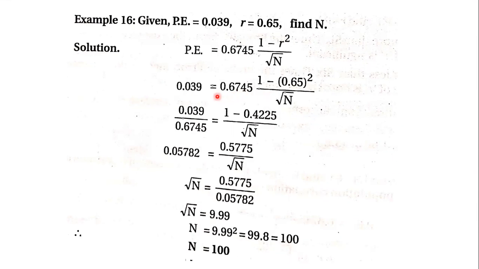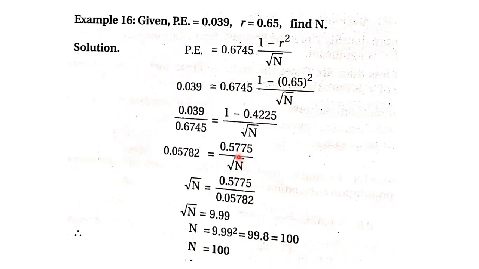Now here if you see 0.6745 into, there is a multiplication relation here. So if I take this number to the other side, if it is multiplication here, it is going to become division. So 0.039 divided by 0.6745 is equal to 1 minus 0.65 square, which is 0.4225, whole divided by square root of N. Now slowly, one after the other, take the expressions to the other side.